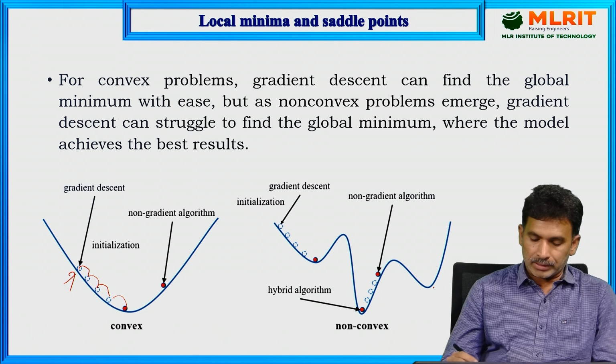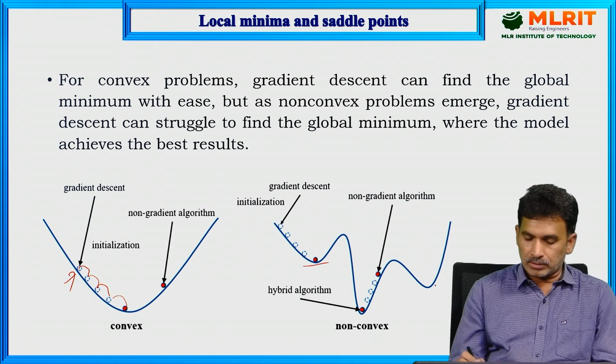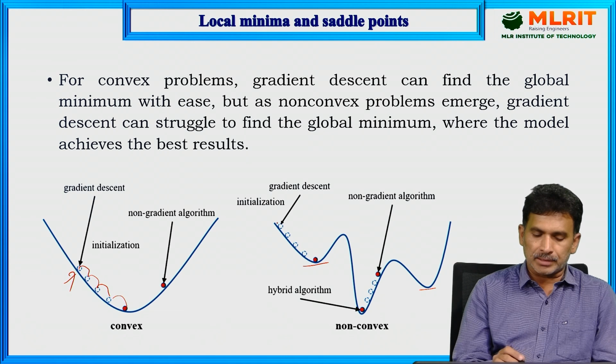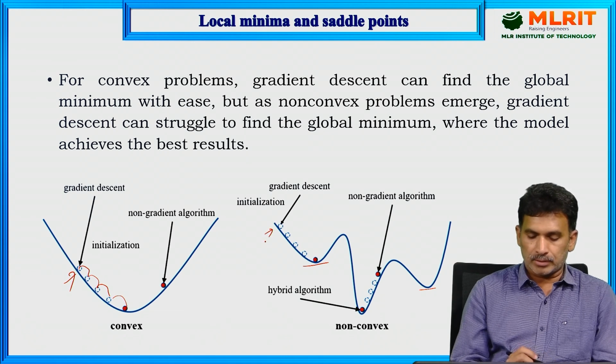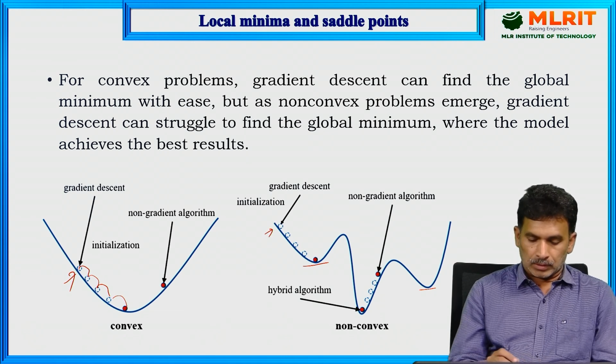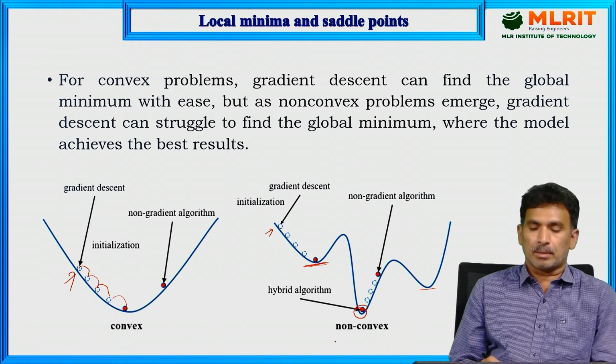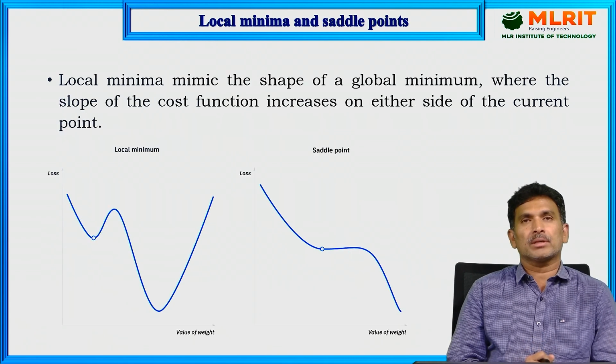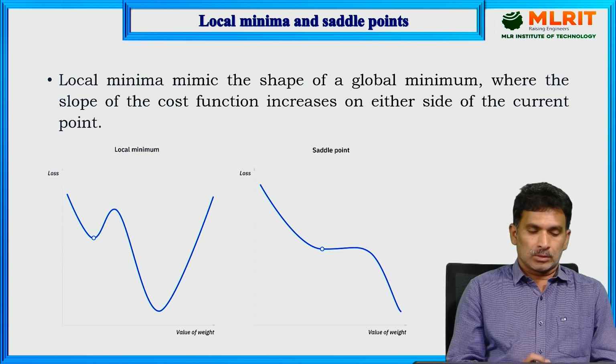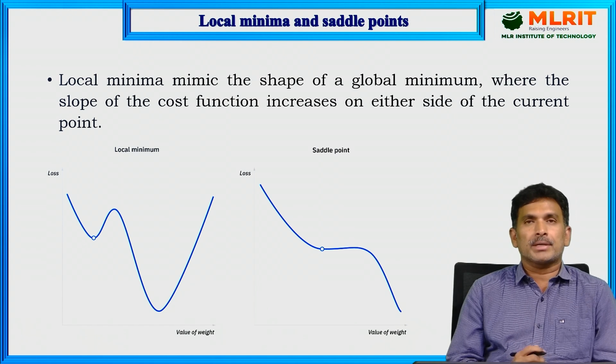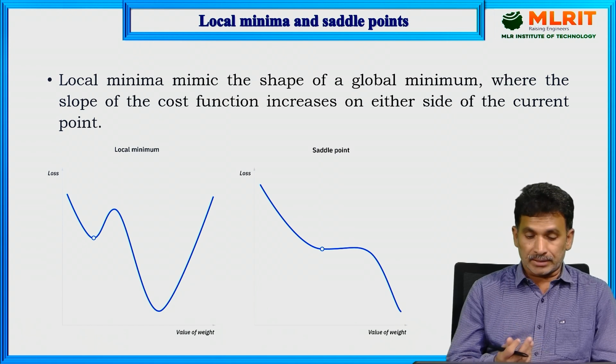And this non-convex function we can represent in the form of a 2D space. Here you can see we have different local minimas, with the gradient descent initialization point at this point. This is one local minima, and this is the global minimum. Local minima mimic the shape of a global minima, where the slope of the cost function increases on either side of the current point.